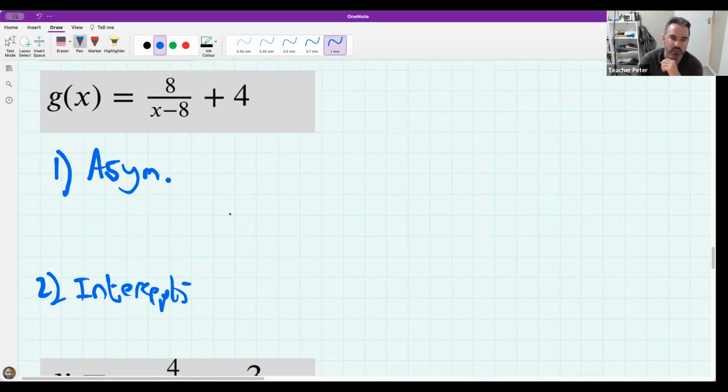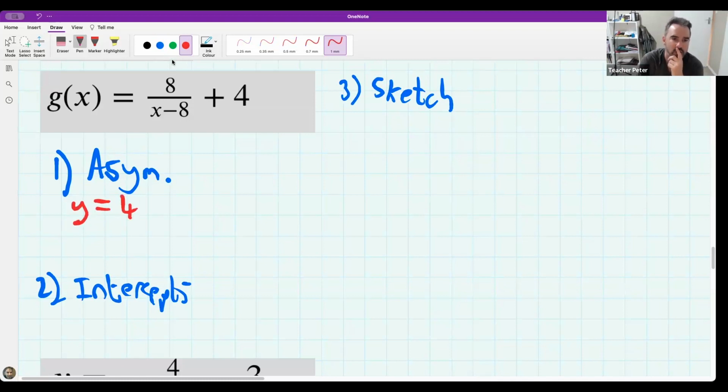What are the asymptotes for this hyperbola? So the asymptotes are going to be y is 4 and x is 8.